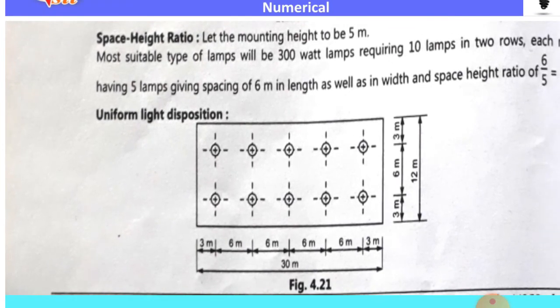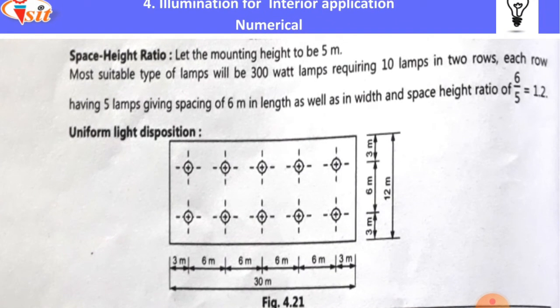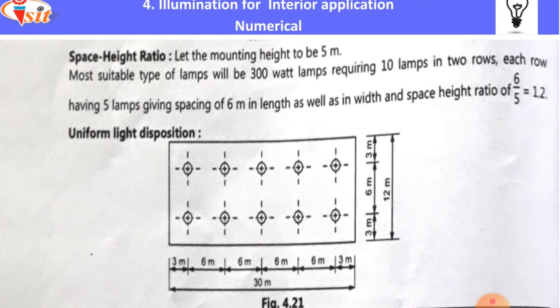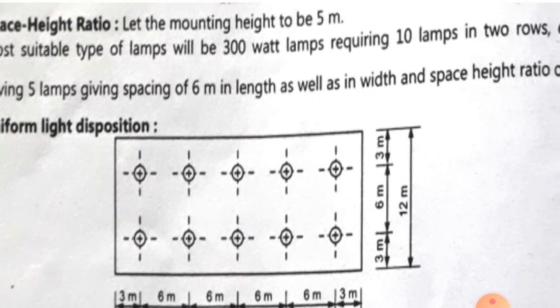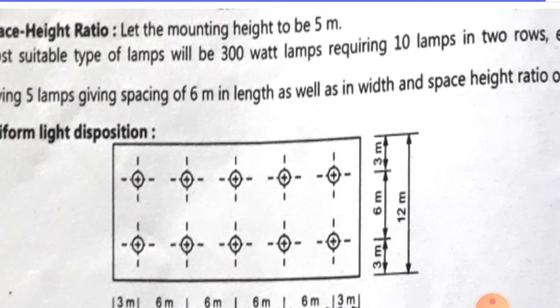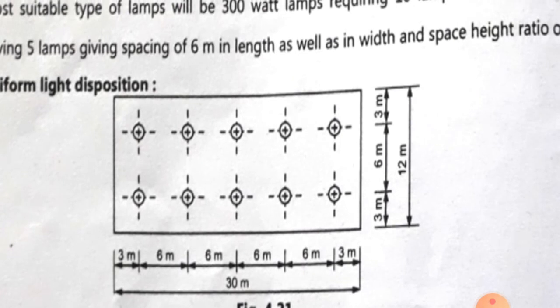Then the space to height ratio according to the disposition of the lamps in the given layout, for 30 meter by 12 meter here.